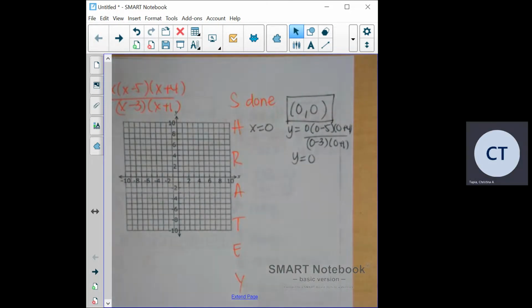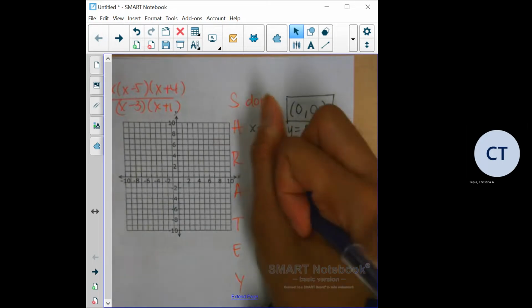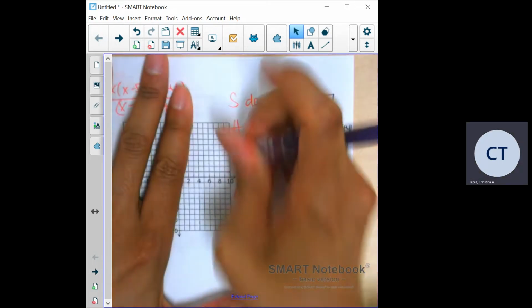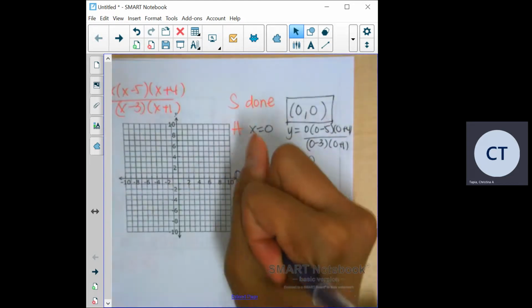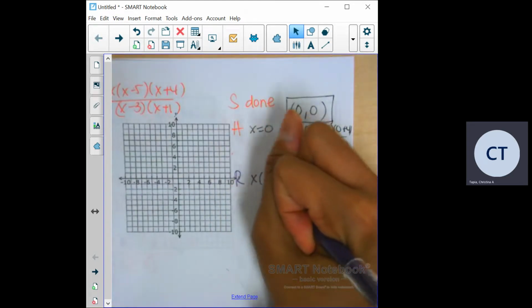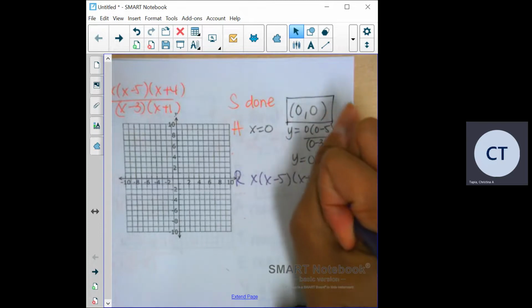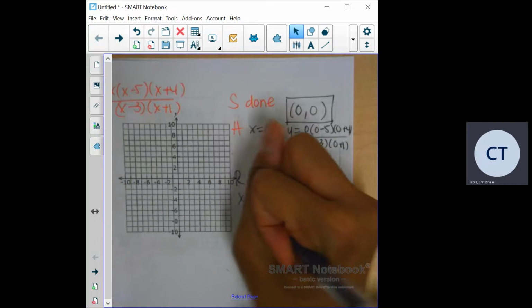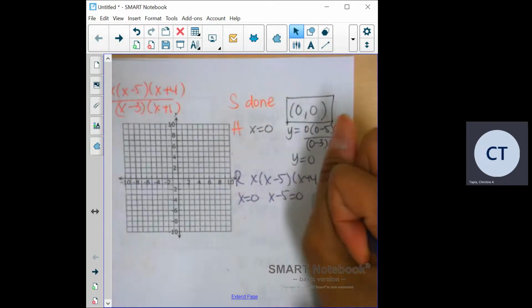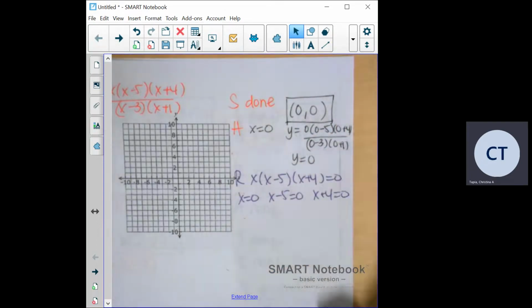Valerie S., how do I find the roots? What do I need to do? Okay, set the numerator equal to 0. I'm going to move my SHRATEY abbreviation down some, so that way we have more room. x times (x minus 5) times (x plus 4), I'm going to set that equal to 0. I need to set x equal to 0, x minus 5 equal to 0, and x plus 4 equal to 0.